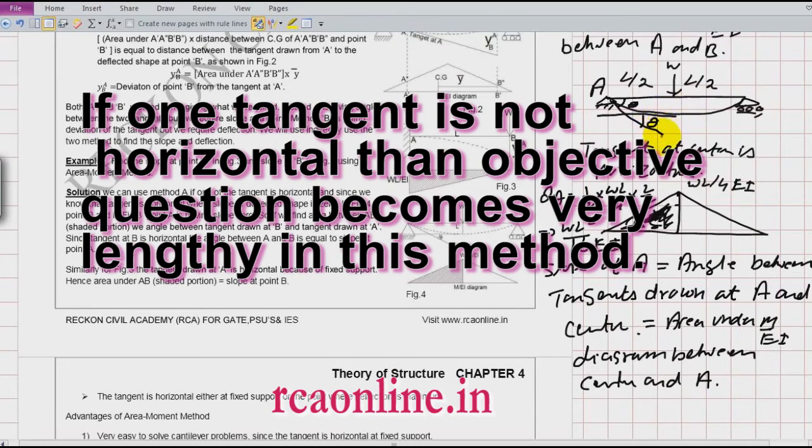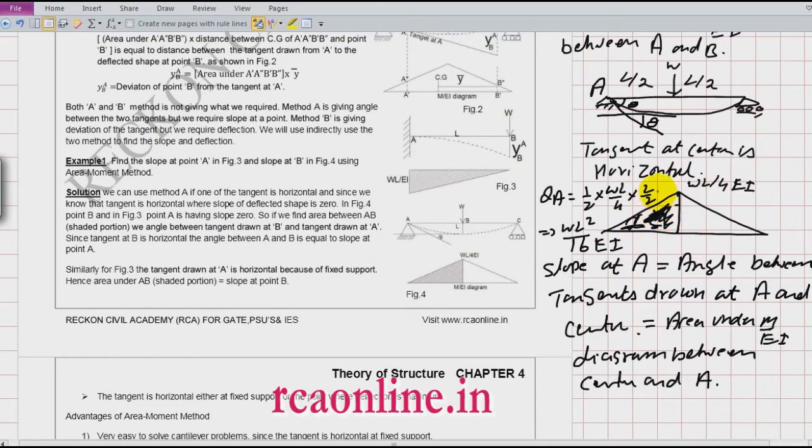Now what is the second limitation? The second limitation is about the area. This area is very simple to calculate, which is a triangle. But if the area is other than a triangle or rectangle, other than linear, and it becomes a parabola or some complex curve, then it will be very difficult to find the area, and that too for an objective type question where we will have only 1 or 2 minutes.